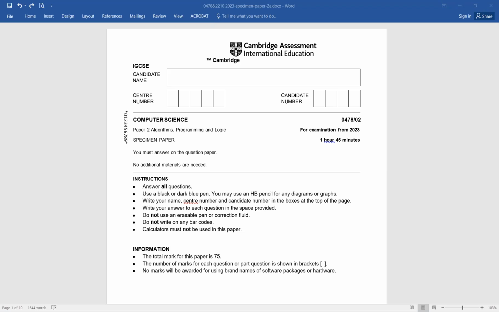Paper is of 75 marks, and the marks for each part or each question are given in the brackets. Again, one more important thing is you will not be awarded any mark if you are using the brand name for software packages or hardware. So be very cautious. You don't have to write anything as such.